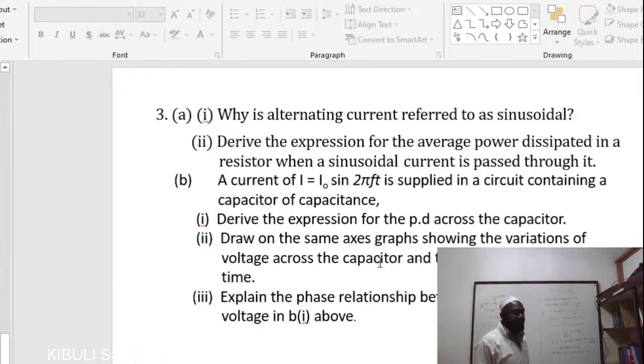Essentially, the graph is the same, which we may redraw, as you have noted. We are drawing a graph such that the voltage lags current by pi over 2. This is the voltage curve, and then this is the current curve.